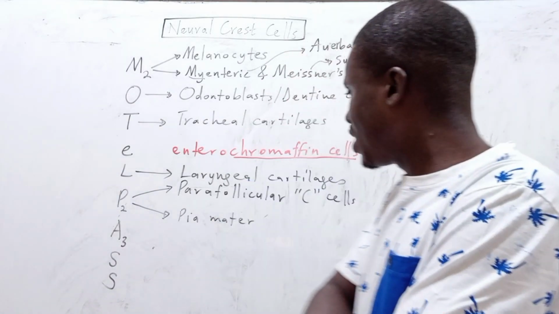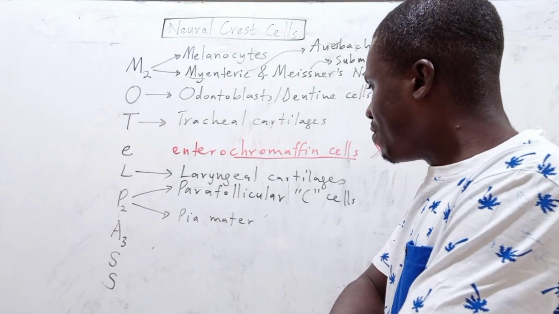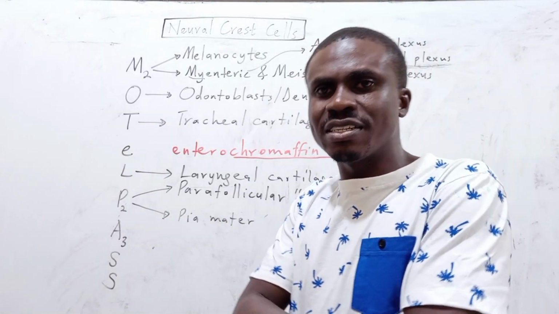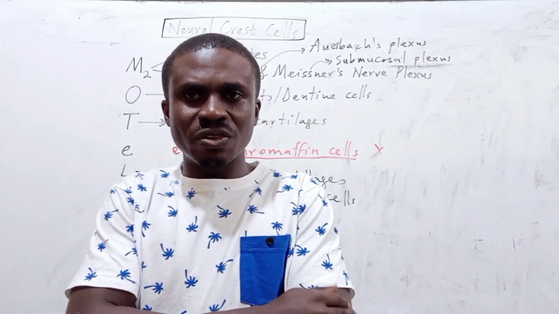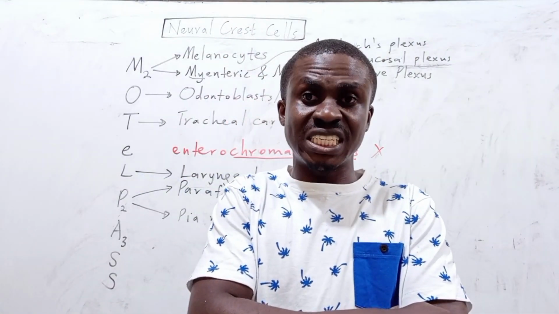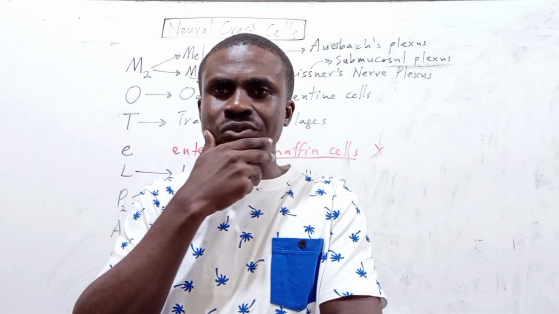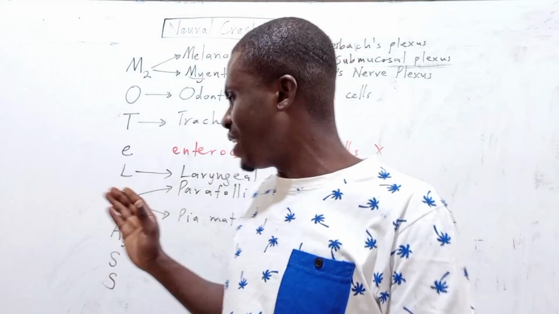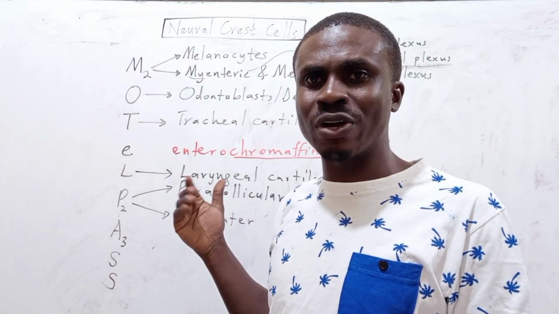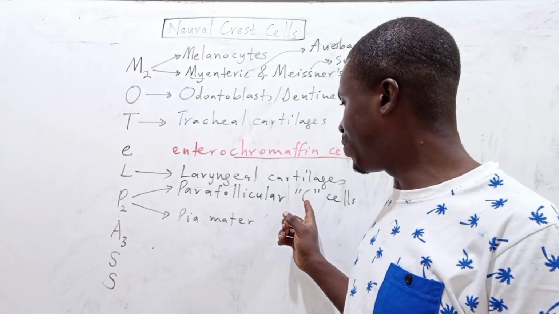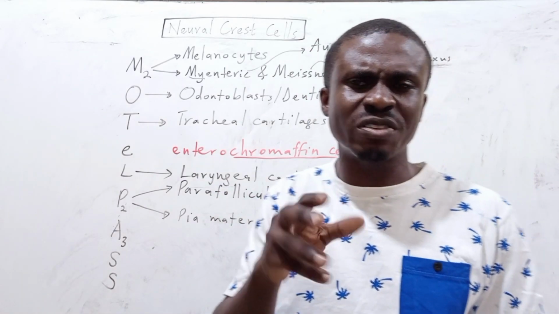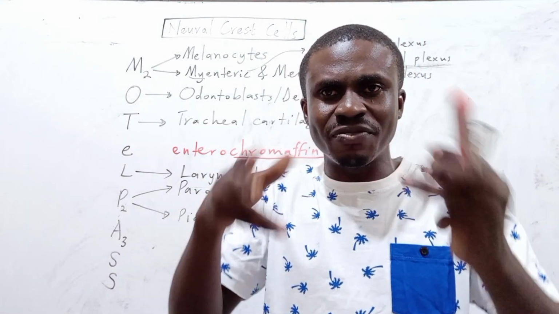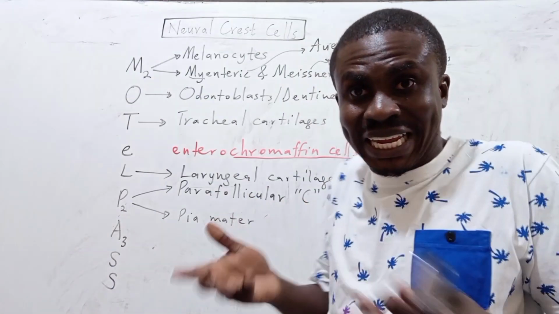my friends, one thing I want you to know is that these parafollicular C cells, in older concepts, which I know people still teach, I want to take that one out of your head. Usually they will say the parafollicular cells or the C cells. Some people think the C stands for clear, because the cytoplasm of these cells is relatively clear.